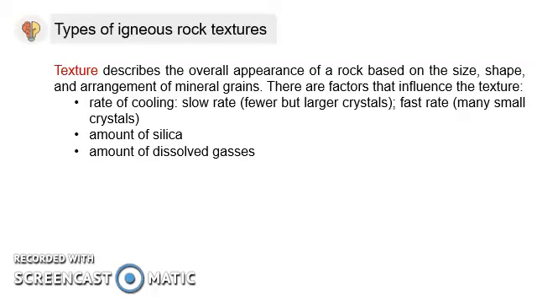There are factors that influence the texture. First is the rate of cooling. A slow cooling process produces fewer but larger crystals, while a fast rate of cooling produces many small crystals. Second is the amount of silica, and the third one is the amount of dissolved gases.